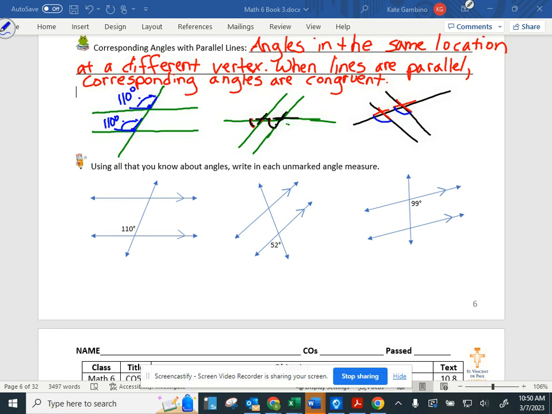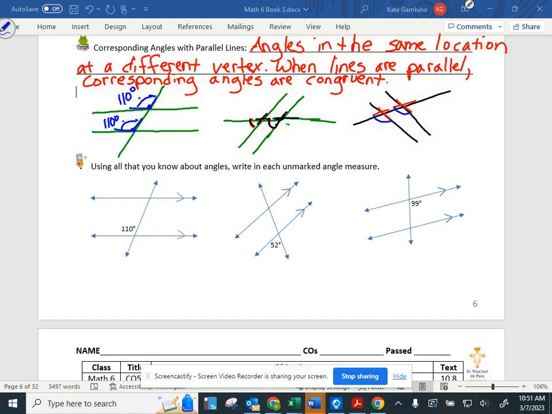So when we look down below, it says using all that you know about angles, complementary, supplementary, congruent angles, the vertex, the vertical angles, corresponding angles, we need to figure out all of the angle measurements. They give us one. And we're going to label every single angle.